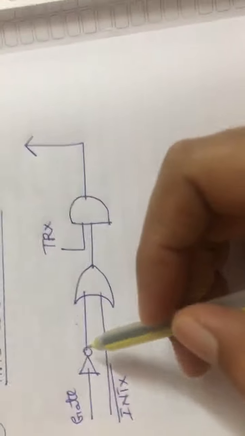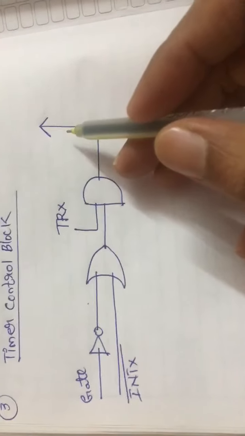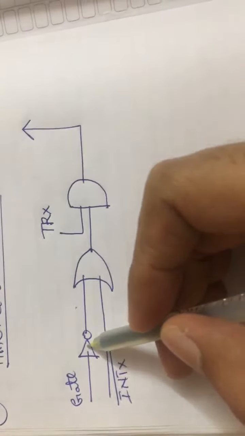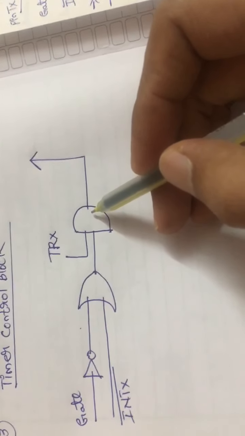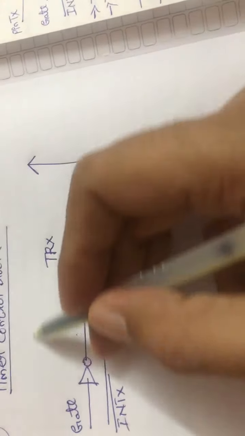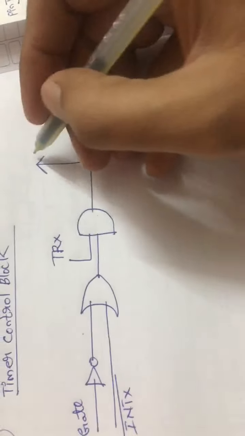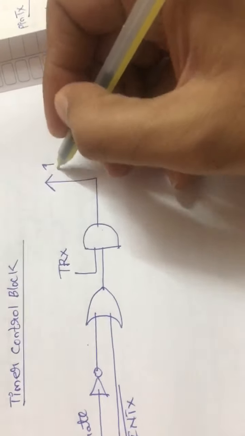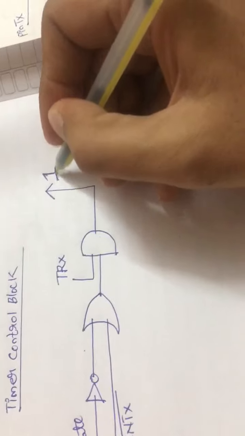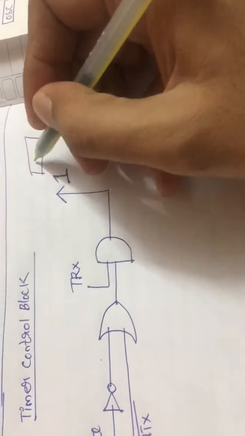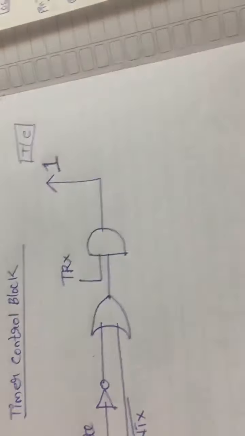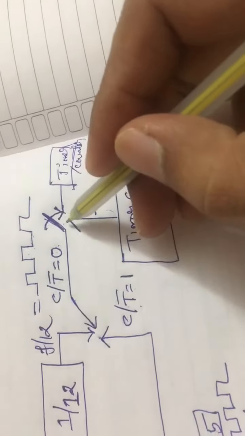That is NOT gate, OR gate, AND gate. And what I said is, this is a timer control block, and the output of this should be equal to 1. Then only I can start my timer or counter.